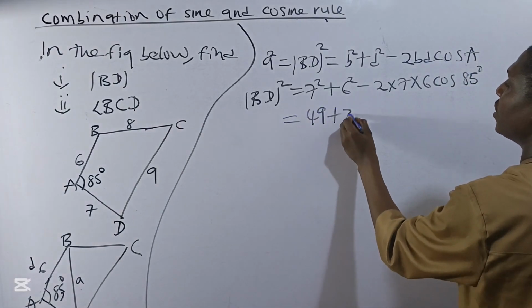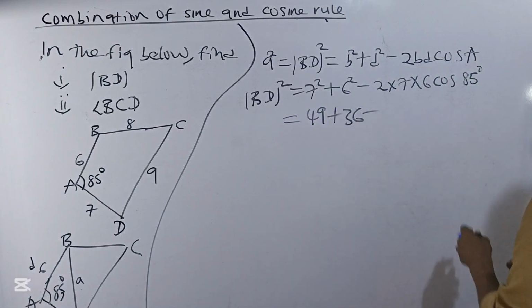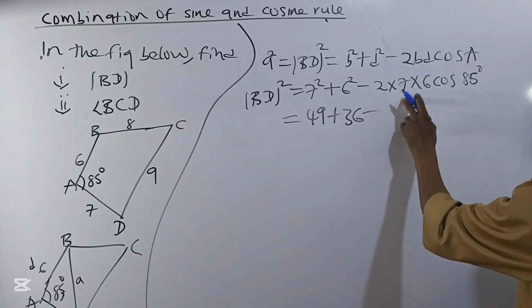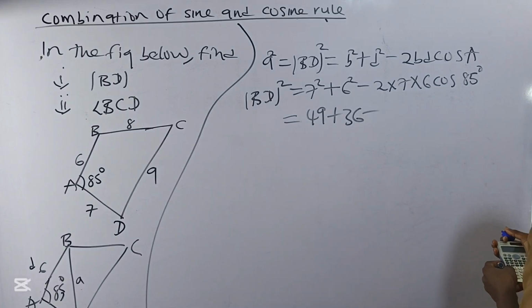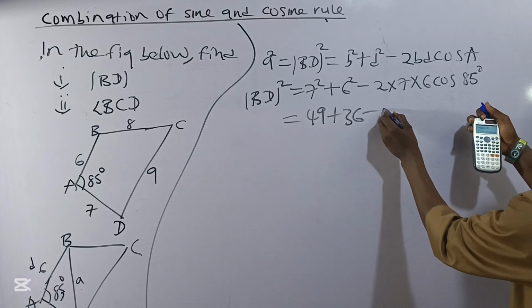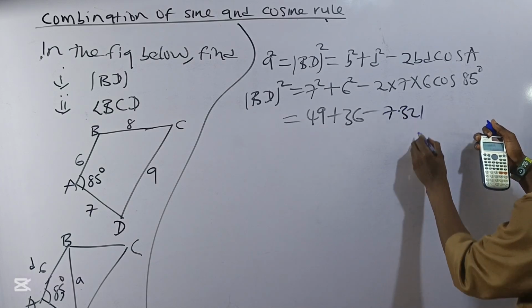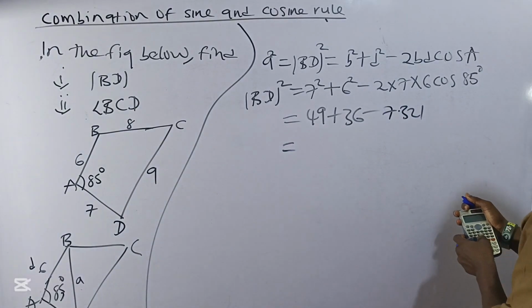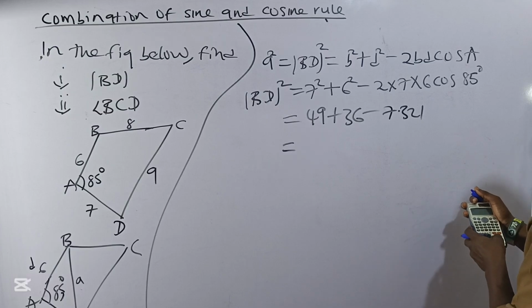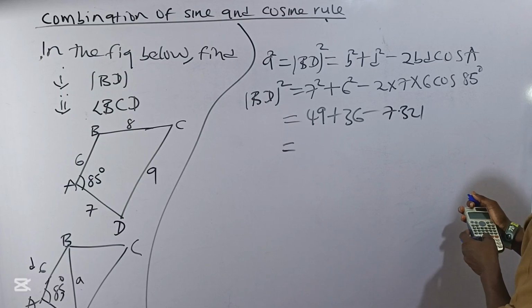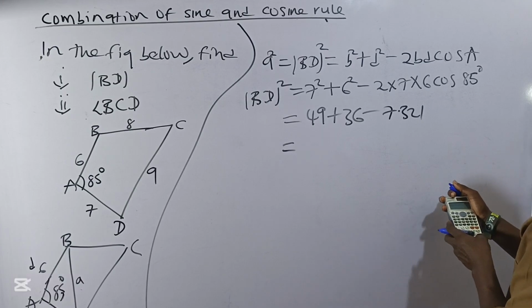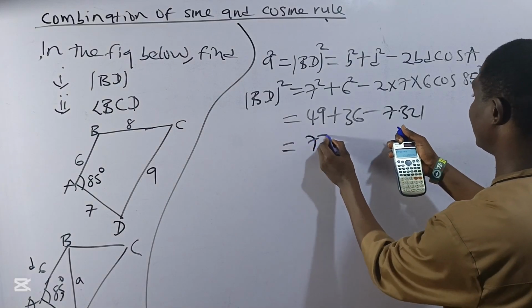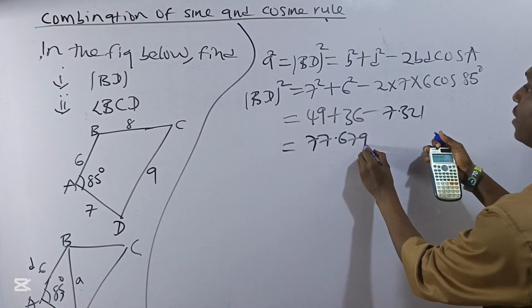So 7 square is 49. 6 square is 36 minus 2 times 7, 14, and 14 times 6 cos 85. This will give me 7.321. And I'll have 49 plus 36 minus 7.321, which gives 77.679.